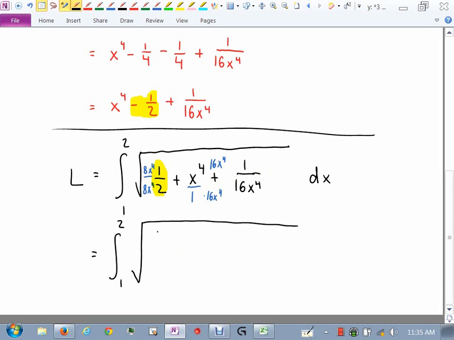So 8x to the 4th, and I'm going to put that in descending order. 16x to the 8th plus 8x to the 4th plus 1, all over my common denominator, which was 16x to the 4th, dx. Any questions here?